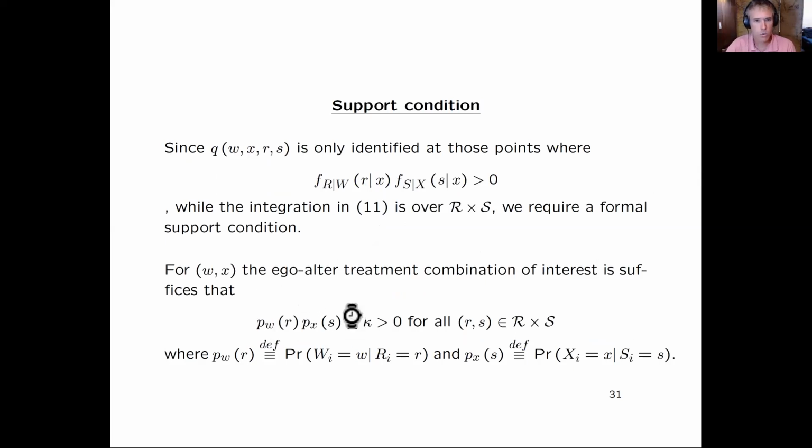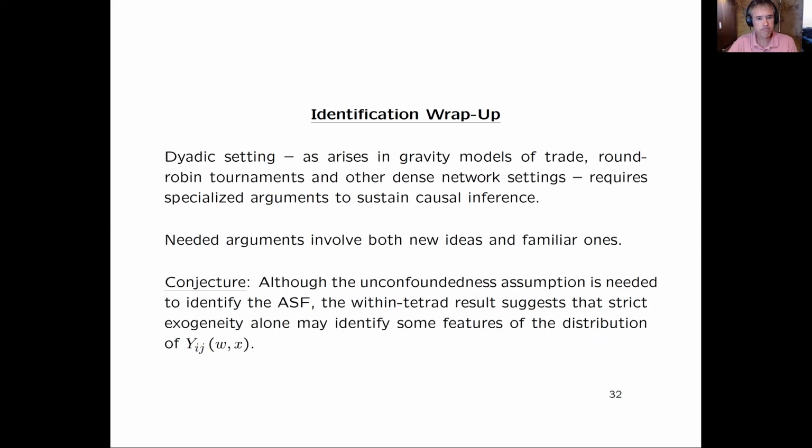I'll skip it, and what I really want to end with is just a couple comments. What I hope this example has shown is that you can take some of your existing human capital, your existing knowledge of the econometrics of program evaluation, and redeploy it in this more complicated setting. There's a real literature out there.